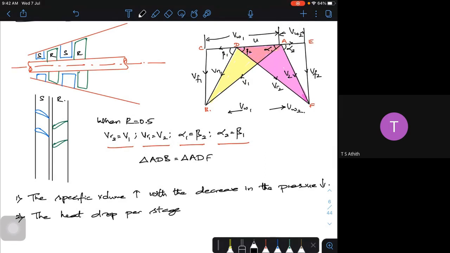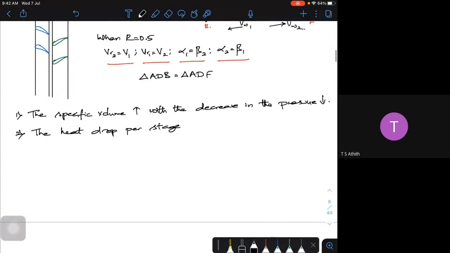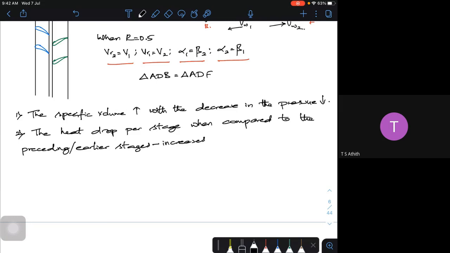Okay, the heat drop in each stage, heat drop per stage when compared to the preceding or earlier stage will be increasing. So they keep on increasing.